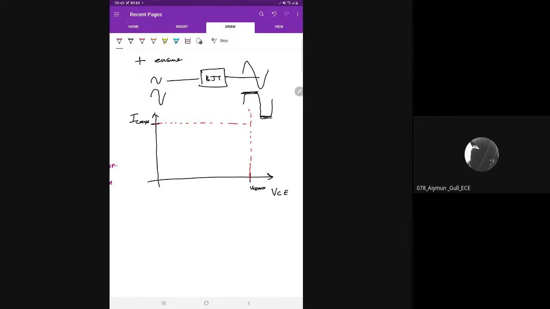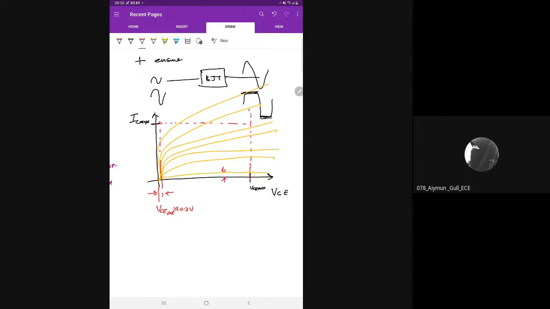And we know that its VI characteristics are something like this. ऐसी हैं. And we also know that there is a region here which is known as VCE saturation. VCE saturation is nearly zero, but it can be equal to 0.3 volt at most, not more than that.